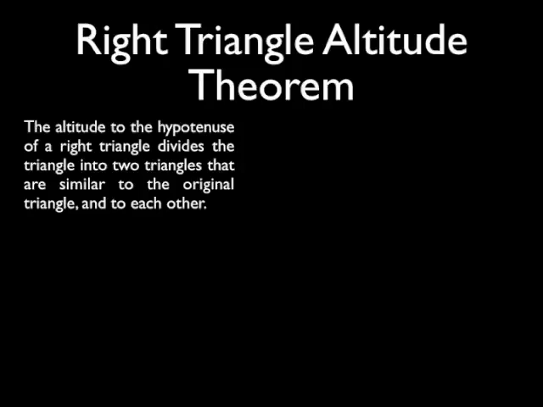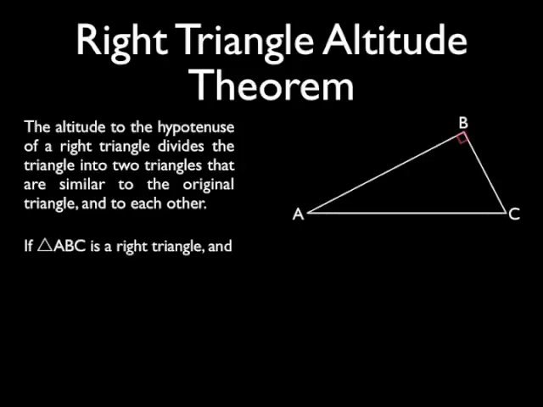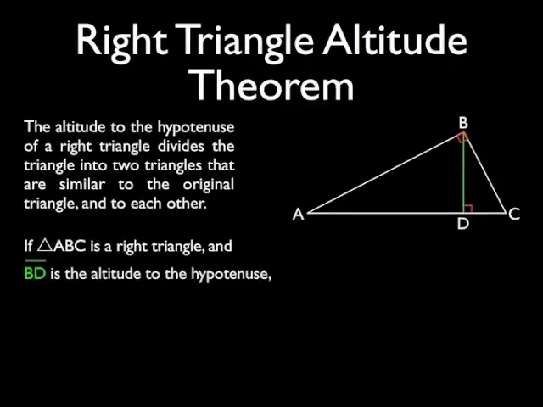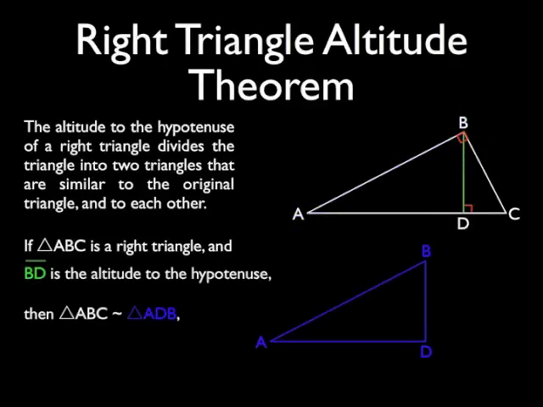When you read just the words, that seems very confusing. So let's look at a picture. Here we have triangle ABC, and you can tell by the box at angle B that it is a right triangle. So if we draw in the altitude BD from the right angle to the hypotenuse, then triangle ABC is similar to triangle ADB.